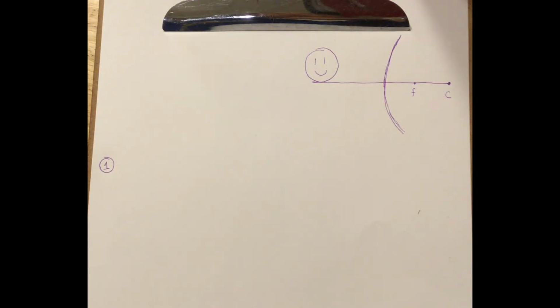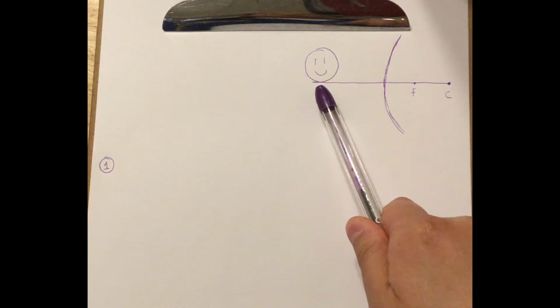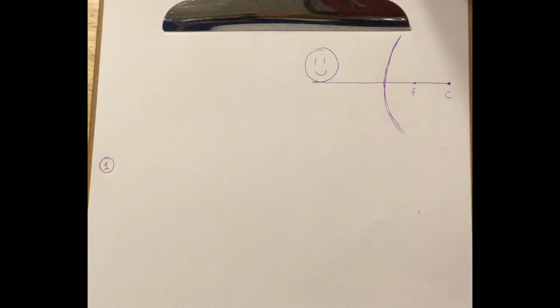In method 1, I would look at the scenario with the person's face in front of some sort of, let's call this a rear view or a side view mirror here. A side view mirror is actually a convex mirror.